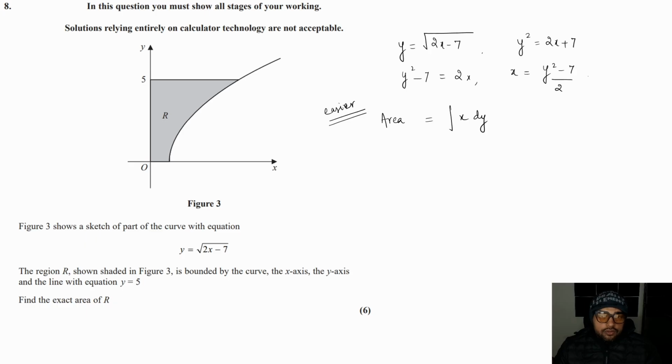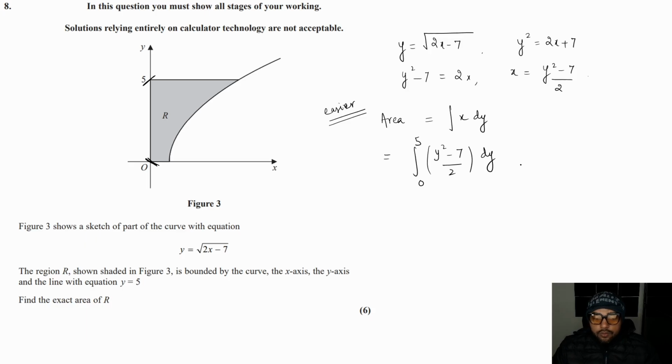This is the general formula for finding the area of a particular function. So x here, student, is (y squared minus 7) upon 2, dy, and it lies from 0 to 5. So we'll integrate from 0 to 5.